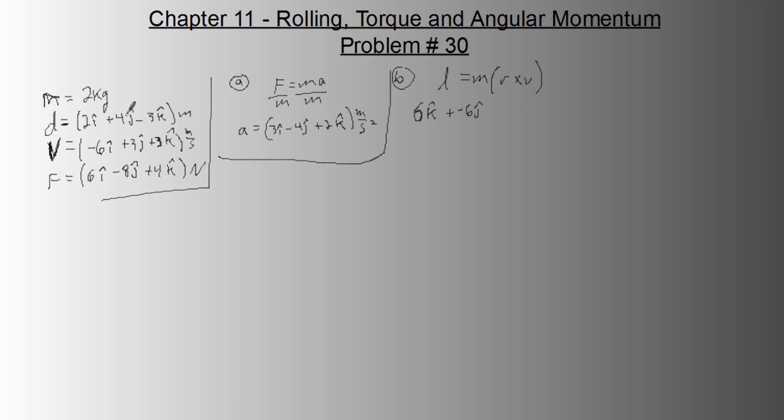And then 4 times 6 is 24. j cross i, so up to the left is towards you, so positive k. 4 times 3 is 12. Up and towards is to the right, so positive i. And then 3 times 6 is 18.